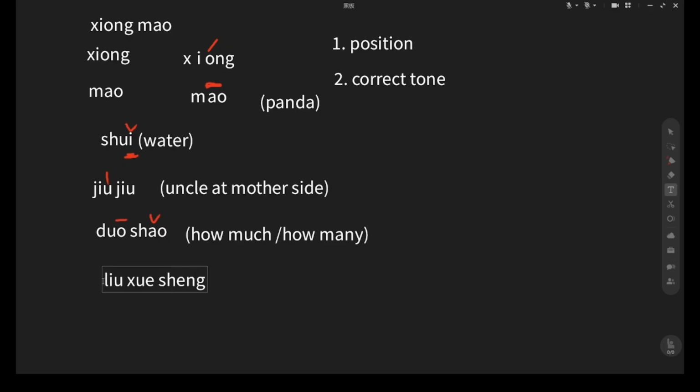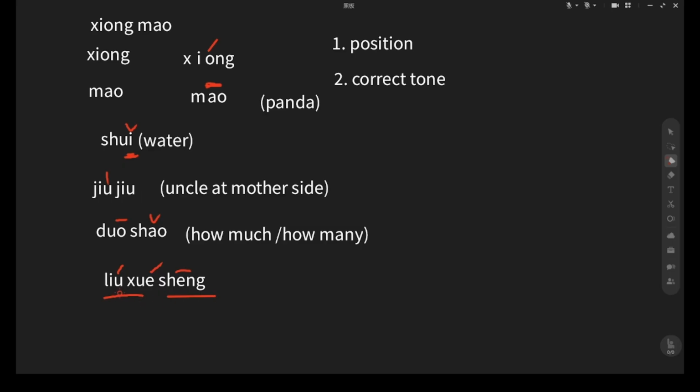So you write the pinyin in your notebook, okay? Done. Okay, so I'll read it with the correct tone. 留学生, 留学生, mark it. The first is second tone. This is first tone, okay?